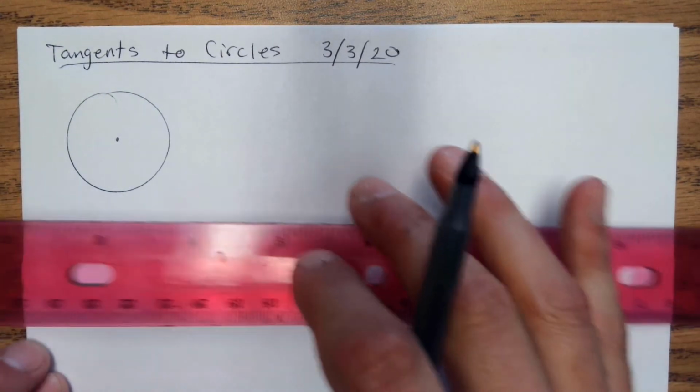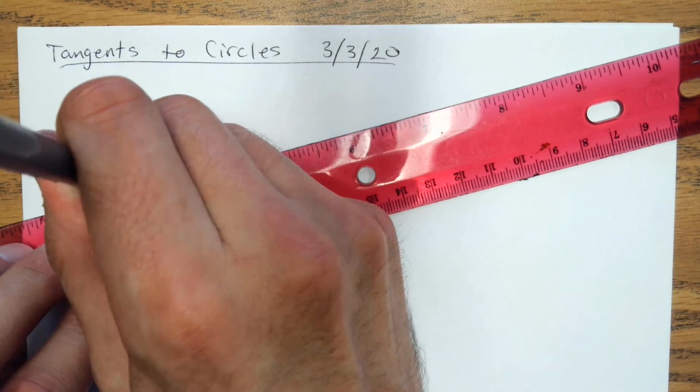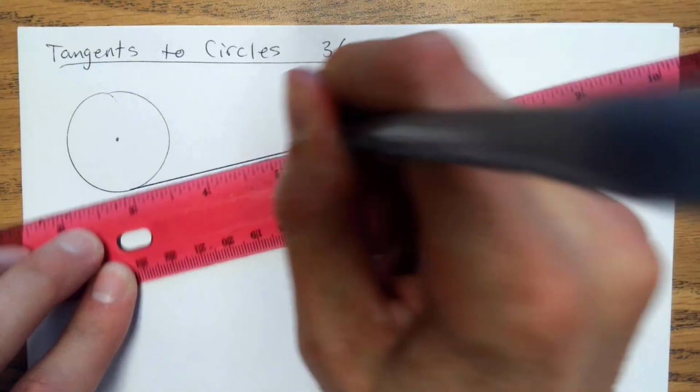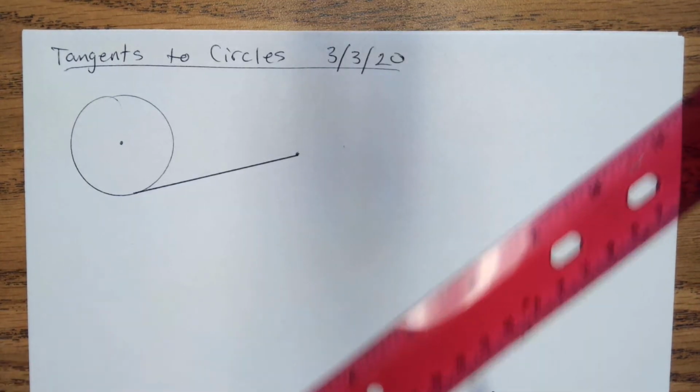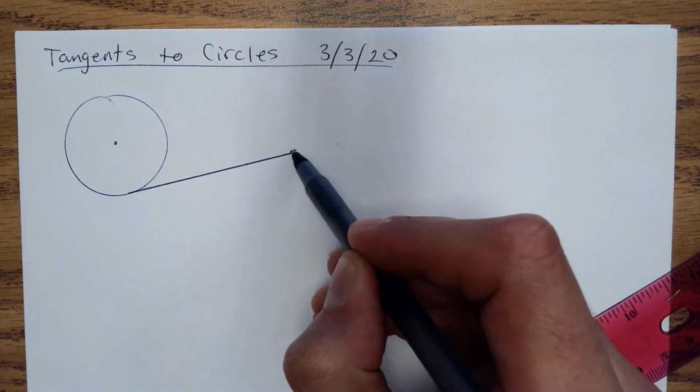We're going to alternate between the homework and the notes. So, the first thing that I want to do is draw a tangent line to this circle. Just sketch a tangent line.